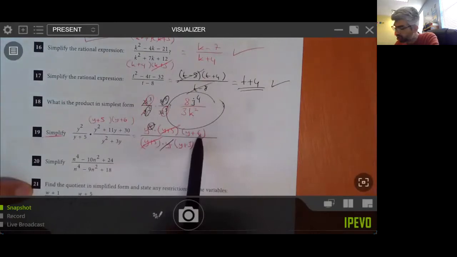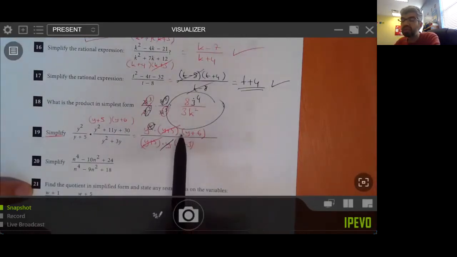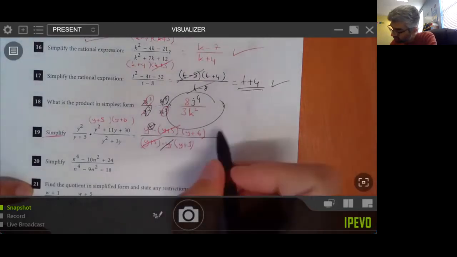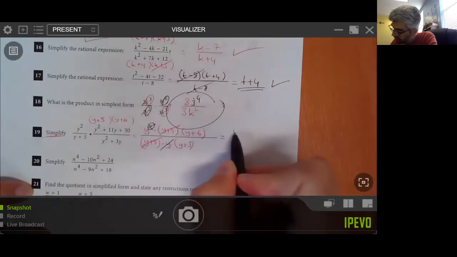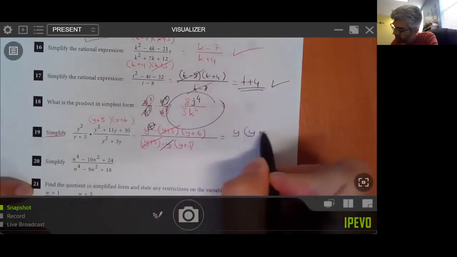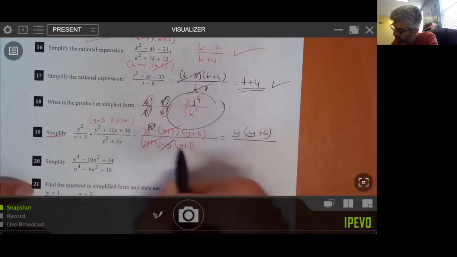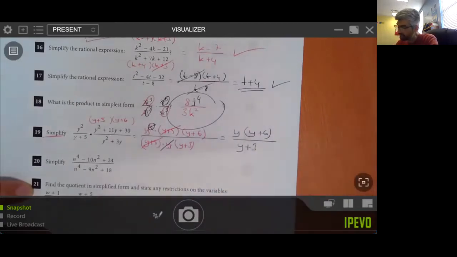No, pay attention, no, because 6 and 3 I cannot simplify. I can simplify only the factors. The factor is y plus 6. The factor is y plus 3. So I cannot simplify. I have y times y plus 6 over y plus 3.